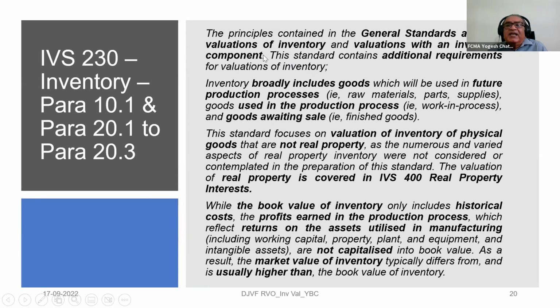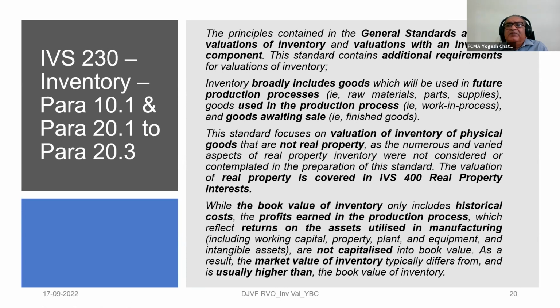So either it is inventory, or wherever we are doing valuation of an entity, inventory will be one of the components, so that will cover this requirement. The standard contains additional requirements for valuation of inventory. Primary requirements are as per the general standard, and additional requirements for valuation of inventory are under this newly added standard.